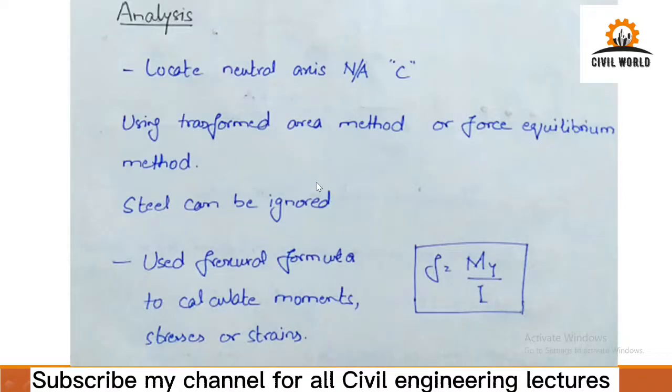So you can use the flexural formula. You can now easily calculate y and the moment of inertia, and use this flexural formula to calculate the moment taken by this section at that particular instant.